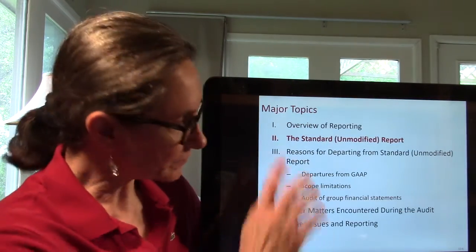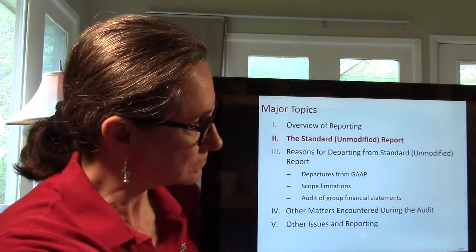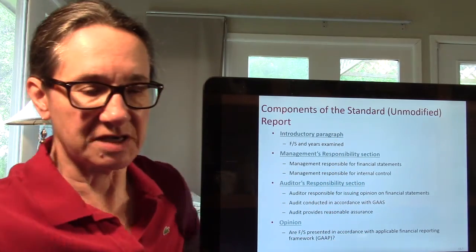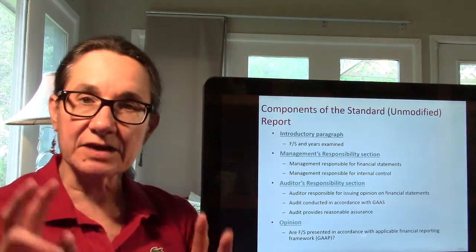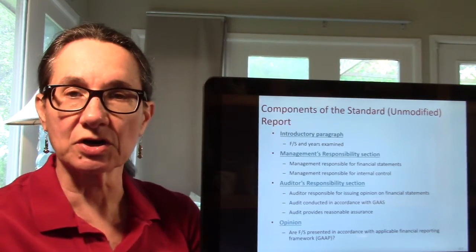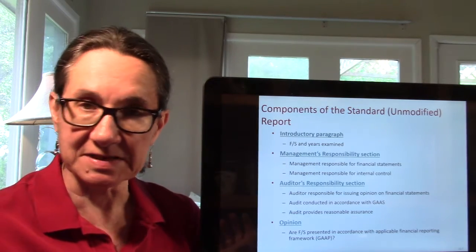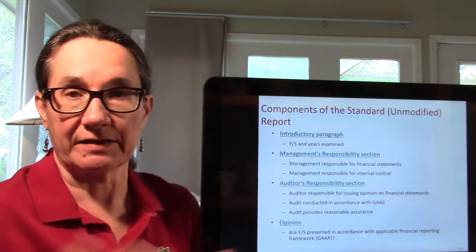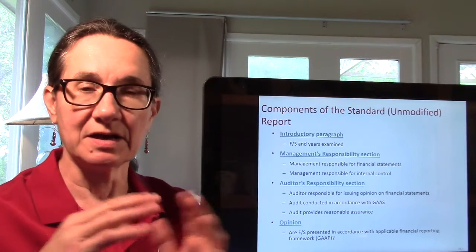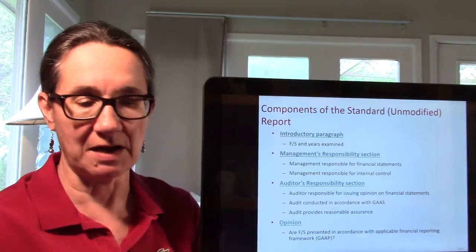Okay. So first we're going to talk about an unmodified opinion. A standard report, or what they call an unmodified opinion, in other words, just a regular old audit, and the financial statements are fairly presented, and that's it, so we don't have anything really to say about them, so our report is no modifications, it's unmodified.